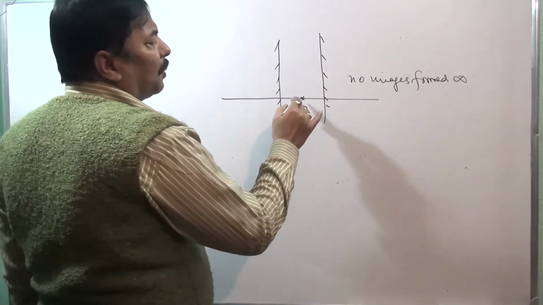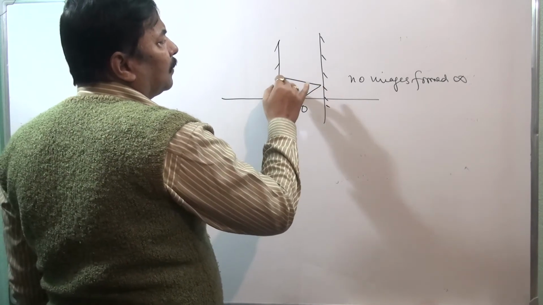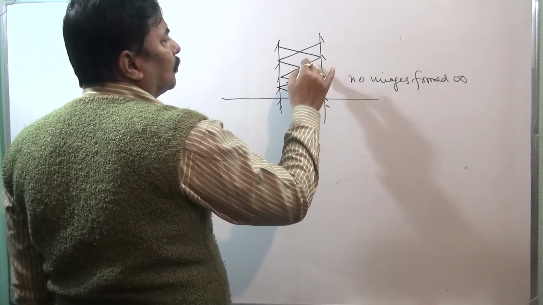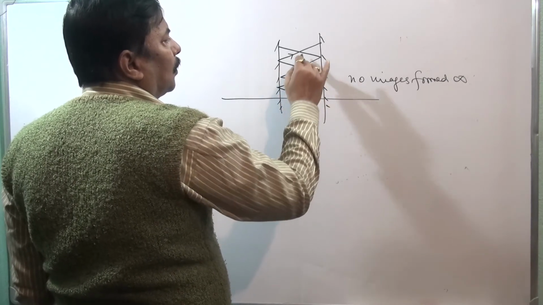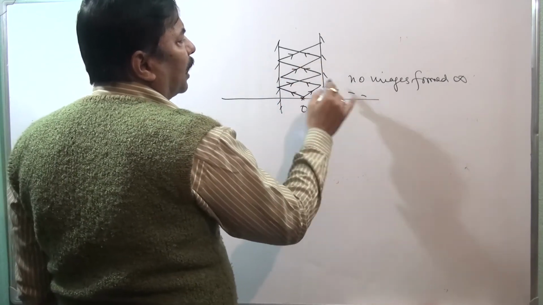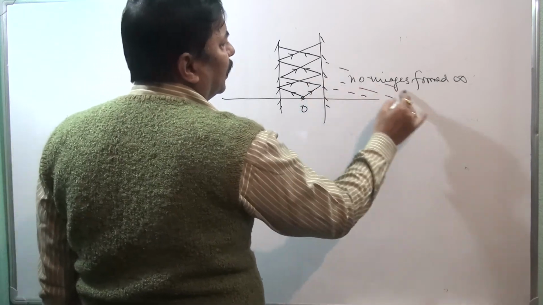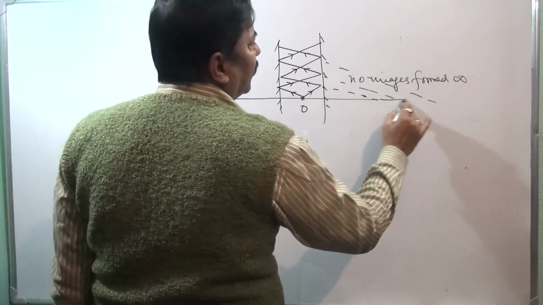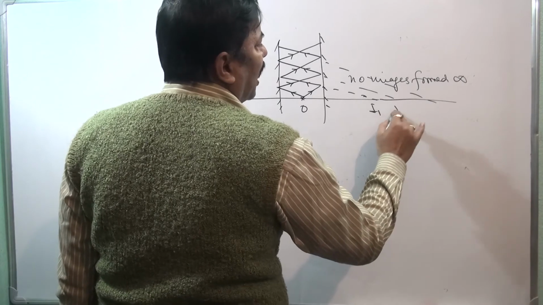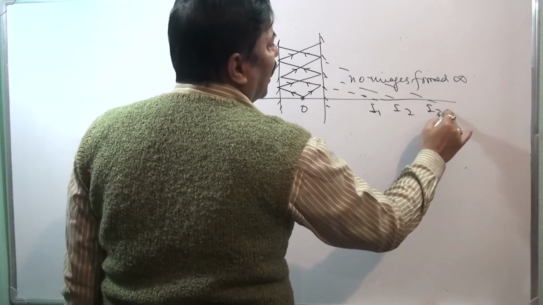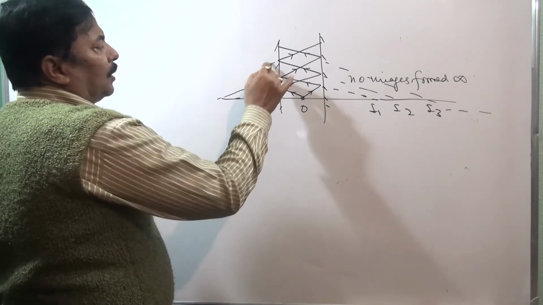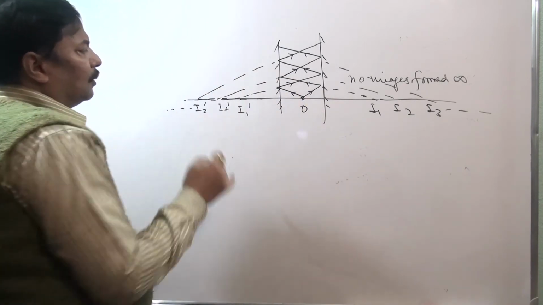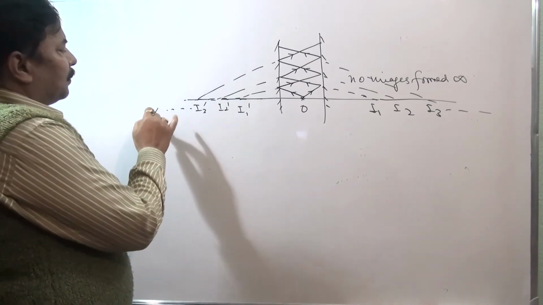How? Because multiple reflection will take place. So you will be getting I1, I2, I3, and so on. You will be getting different images. Similarly here you will be getting the images up to infinity.